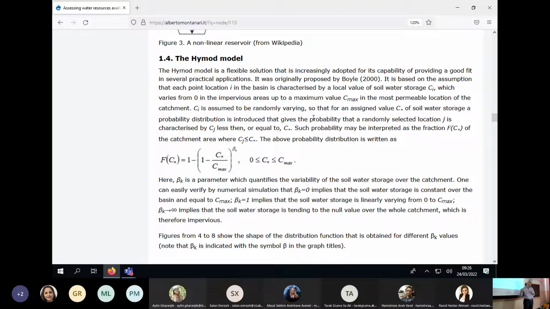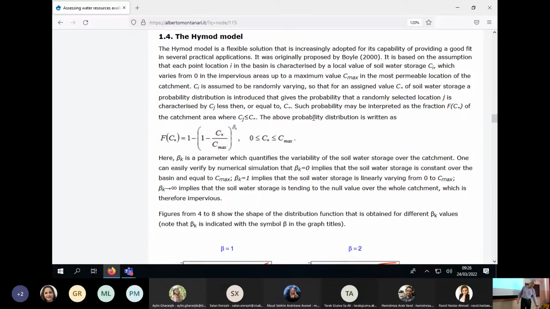And here I have two parameters, C max and beta, describing the progress of this fraction against C star.